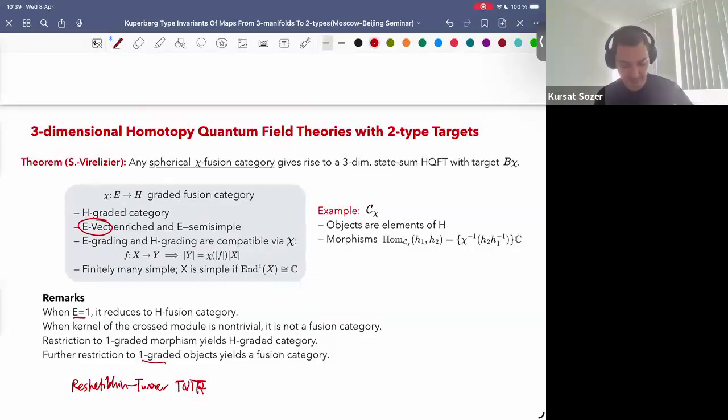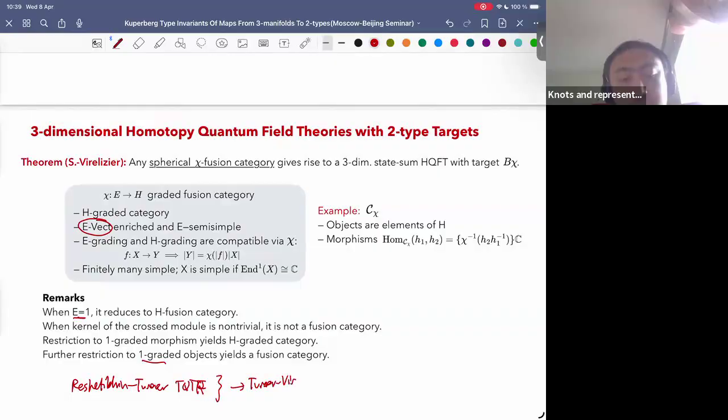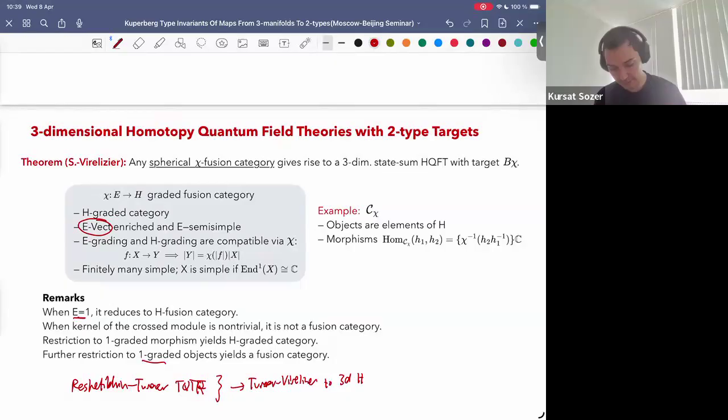These TQFTs are also extended by trivial tori to 3D HQFTs with BG targets. And we want to do this for B chi targets.